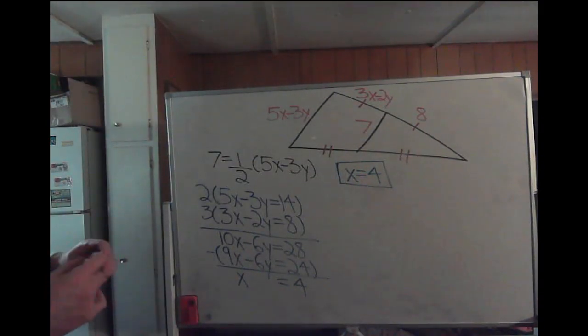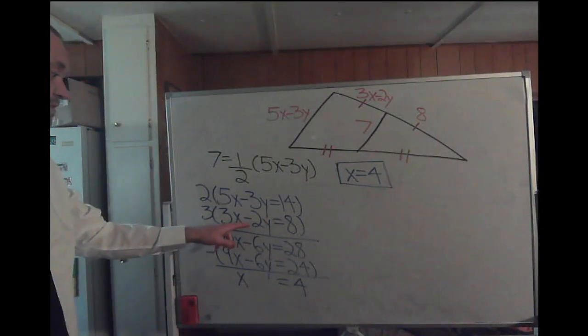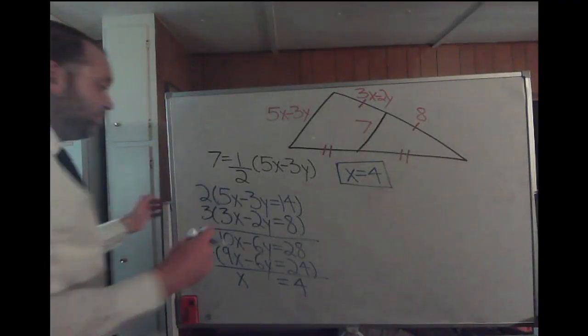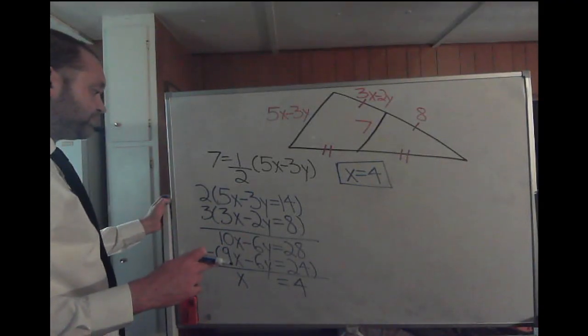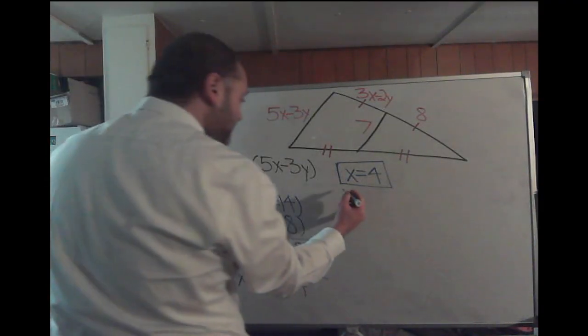Now to solve this system of equations, all we have to do is put in the x value for one of these equations. I'm going to do it with the 3x minus 2y equals 8.